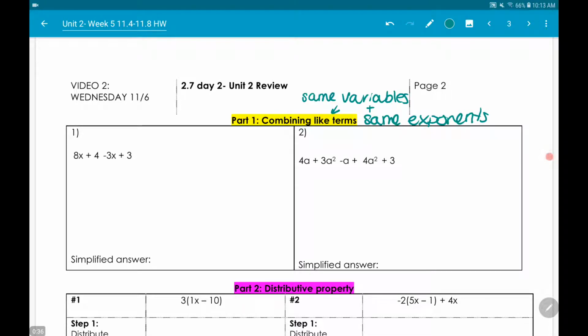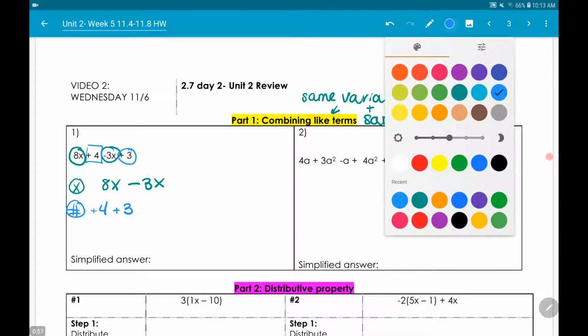Okay, so I need to make my groups. So here I have my x group, and that has 8x and negative 3x. And then secondly, I have my number group, which is positive 4 and positive 3.